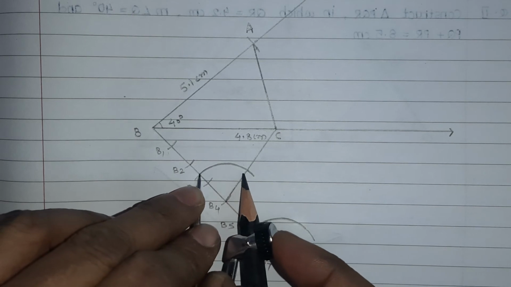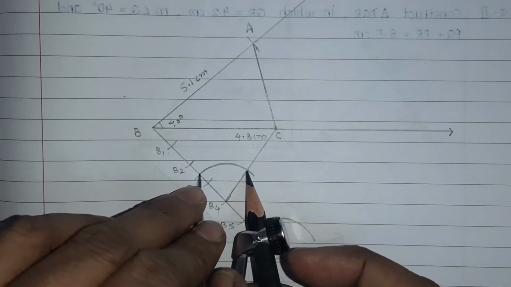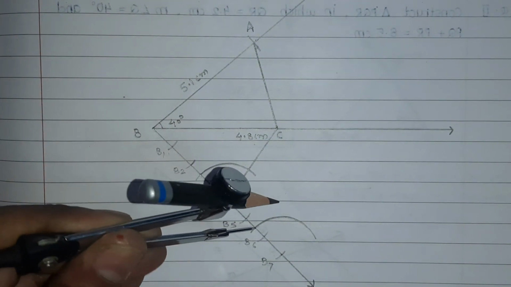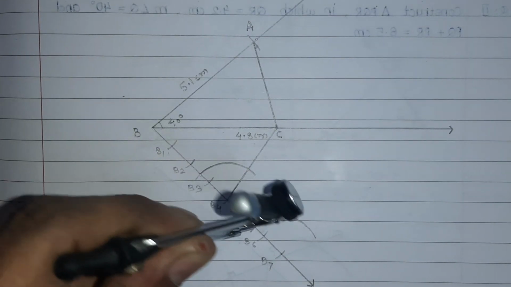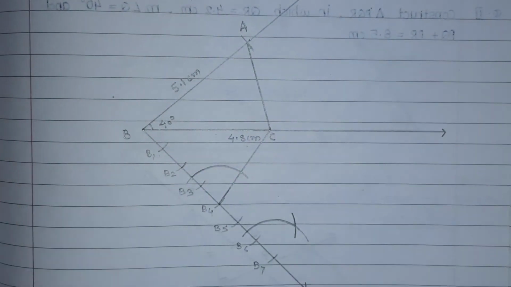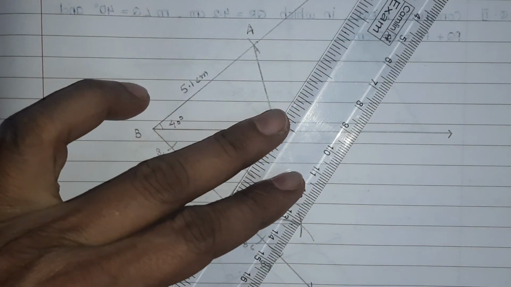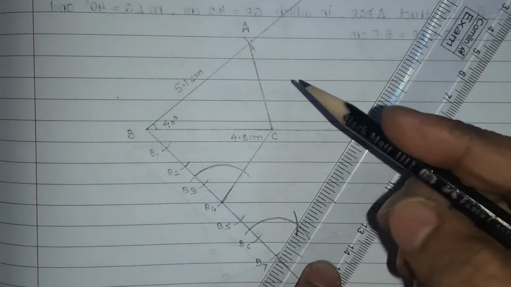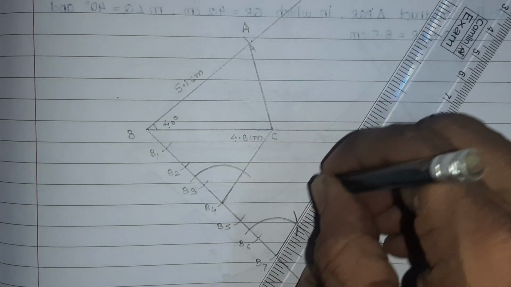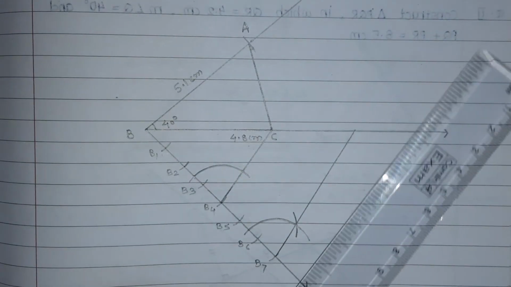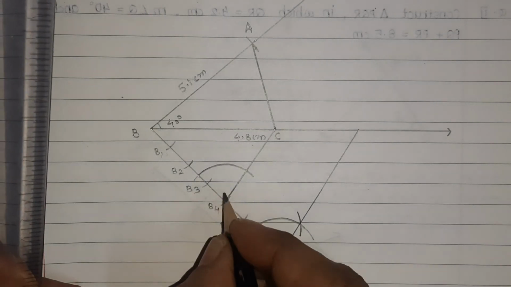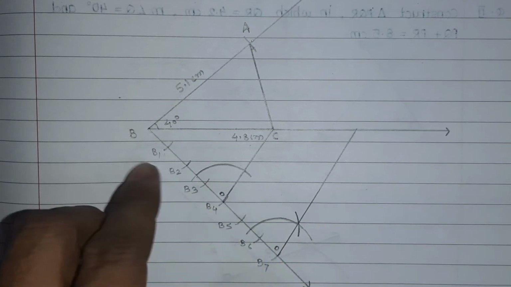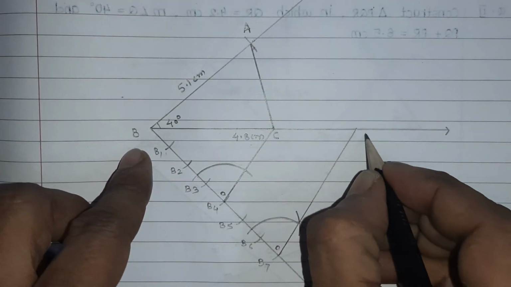Now take this much distance and put the metal point on this arc which intersect the ray, and now join this B7 and this arc. Now dear student, these two lines are parallel with each other. This angle and this angle are corresponding angle, and corresponding angles are congruent. Now this point is point N.